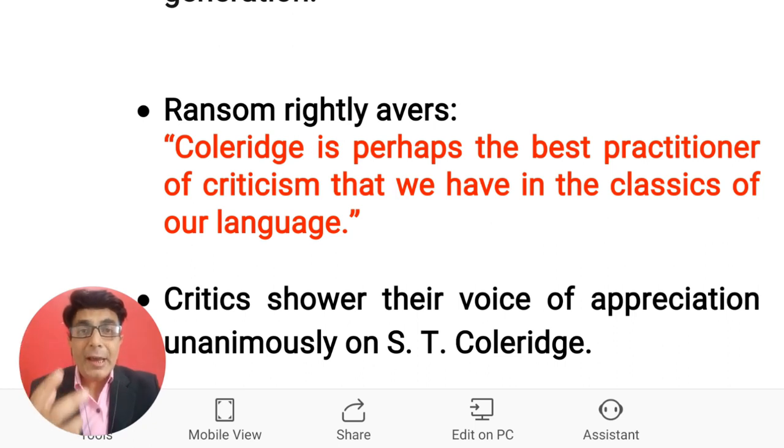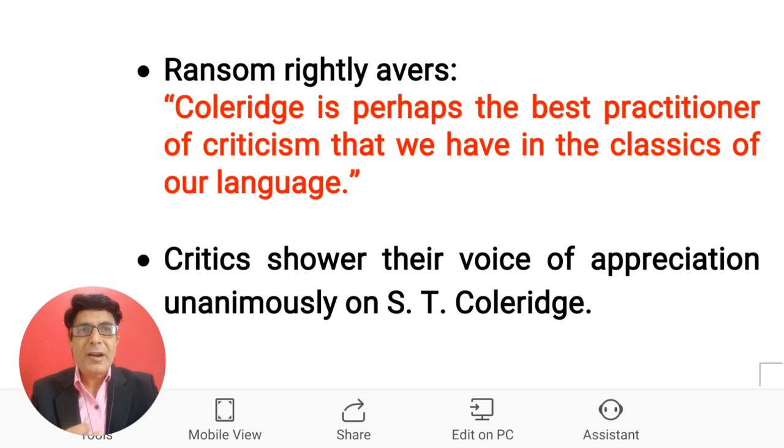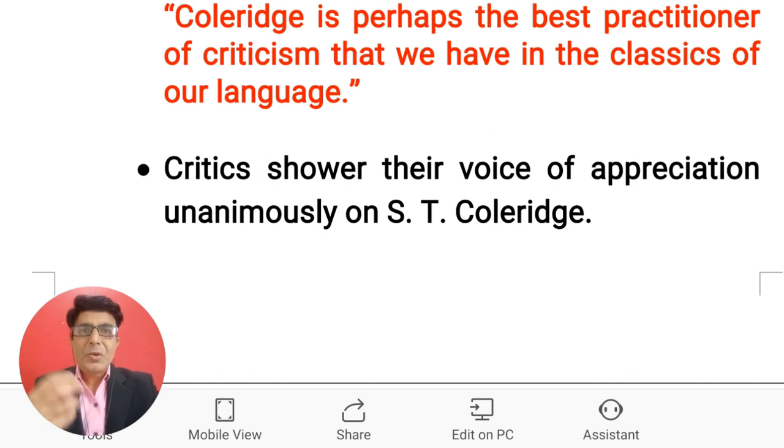Ransom rightly avers. Avers means says or opines, right? Ransom rightly opines that Coleridge is perhaps the best practitioner of criticism that we have in the classics of our language, right? So you can begin with some very popular line or popular quotation, right?